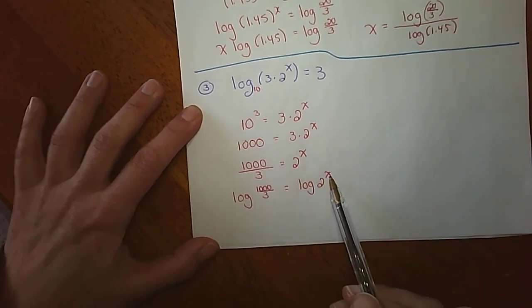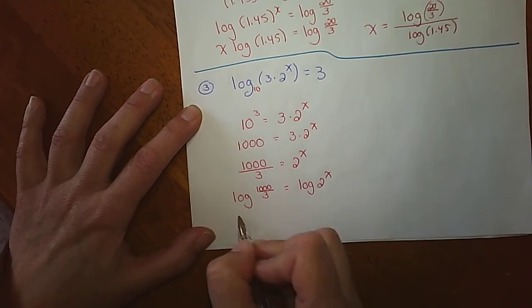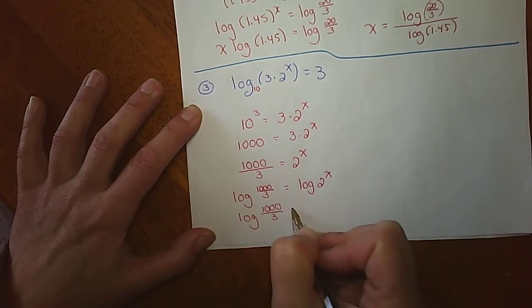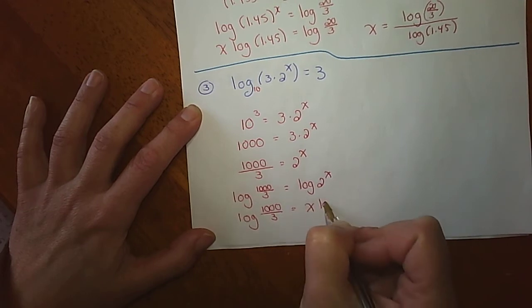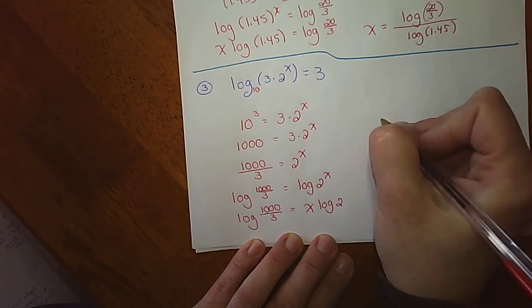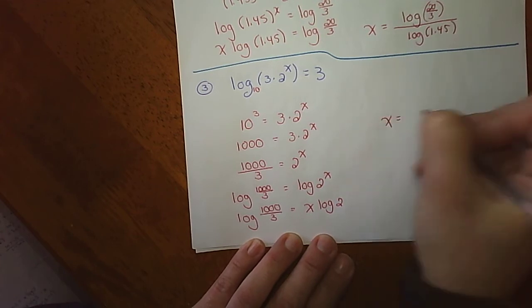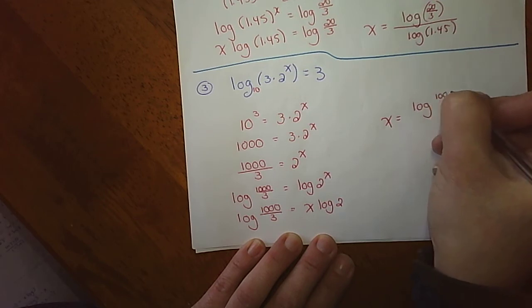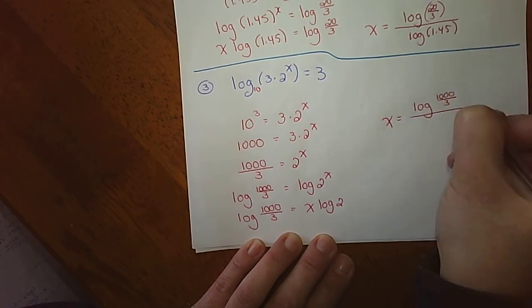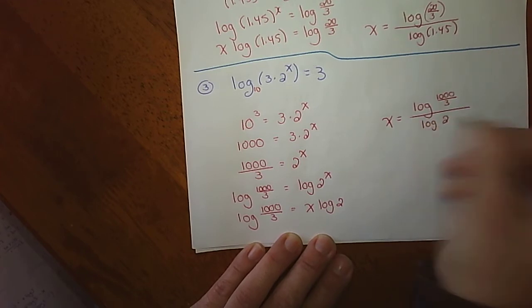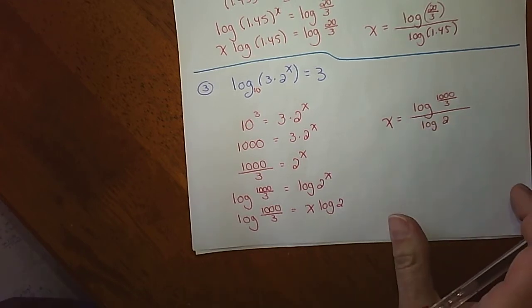Again, exponent log rules, the exponent falls in front. And then divide by that. So this would be x equals log of 1,000 over 3, all over log 2. And that's the answer to the third one.